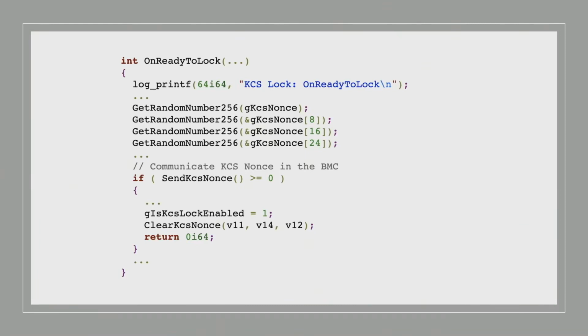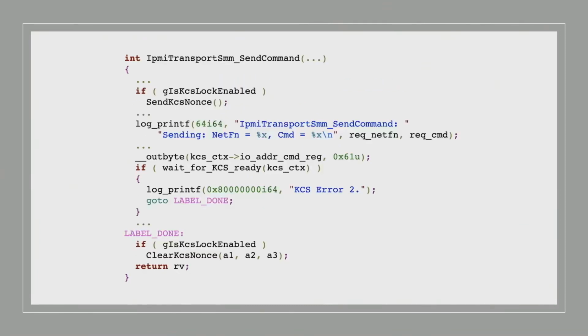Once it sends that KCS nonce over to the BMC, then instead of reconfiguring the whole thing every time, anytime that SMM would want to send one of these admittedly rare events for some hardware failure, it'll unlock this feature while it's in SMM by sending that KCS nonce back to the BMC again.